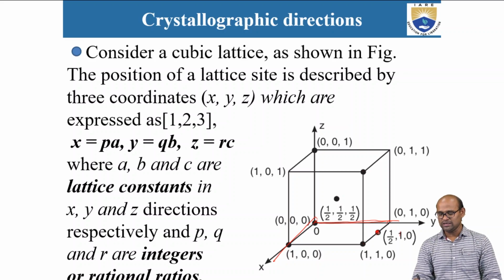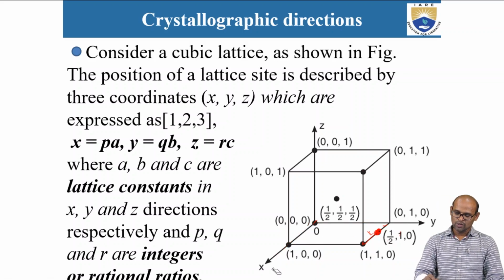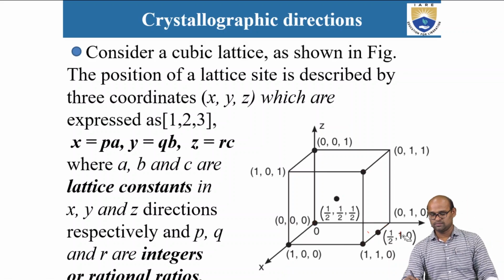That is the reason why p is 1 by 2. If you are here, the p value is 1, but if you are at the center, from here to here it is only half, and from here to here, another half. So that is why the lattice index of this lattice site is 1 by 2 along the x axis, 1 along the y axis, and 0 along the z axis. Okay. So this is how we can write the indices of lattice sites.